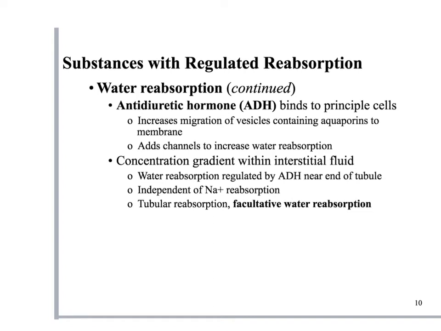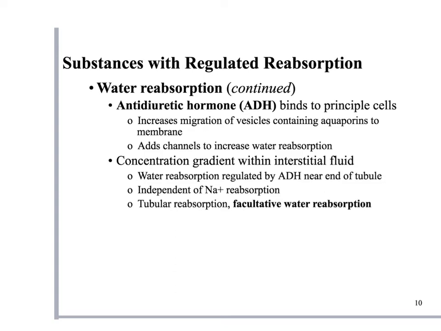Okay? So ADH binds to the principal cells of the lumen of the tubule and increases migration of vesicles containing aquaporins to the membrane. So if more aquaporins are going to the membrane, there are more channels to allow water through, so you can increase water reabsorption. Okay?